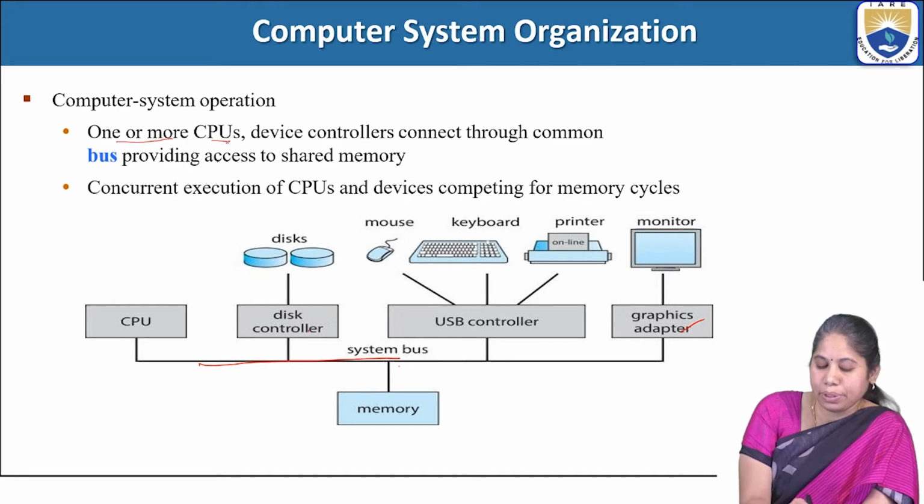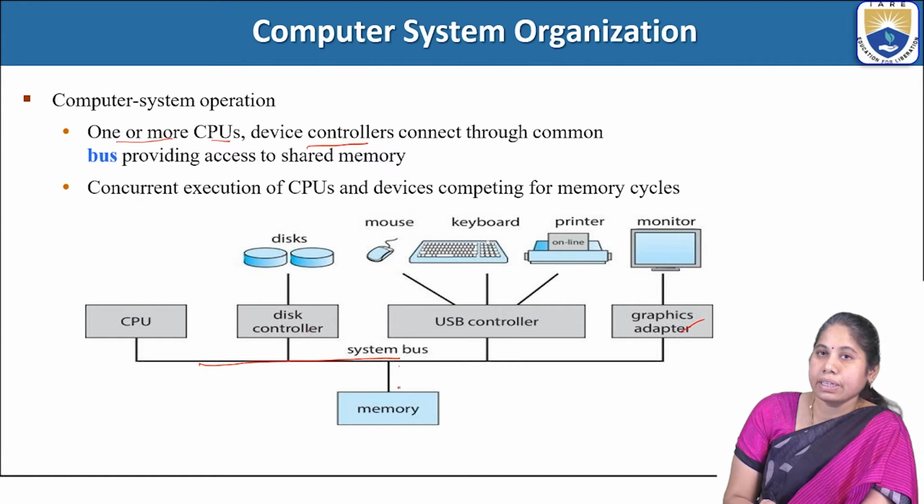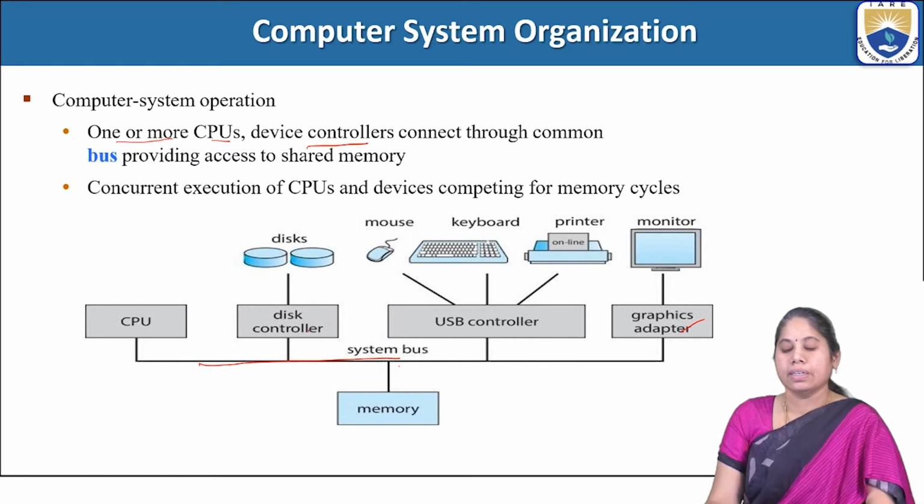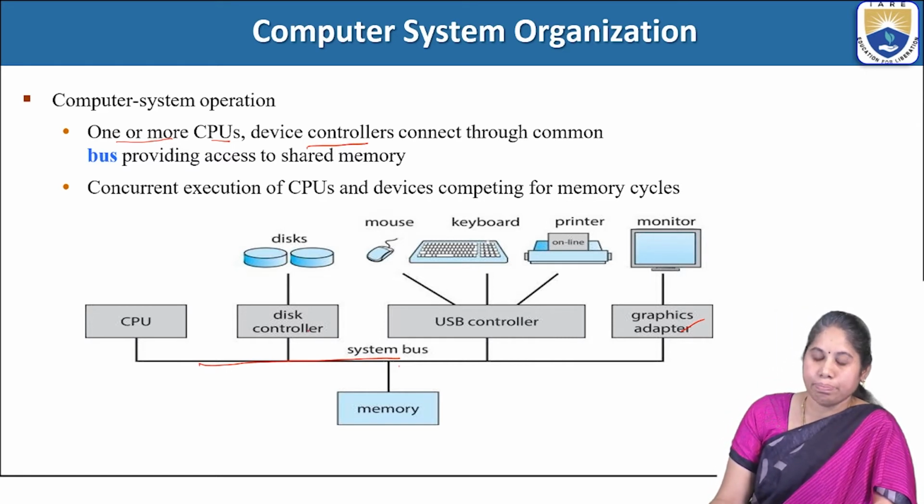One or more CPUs and device controllers connect through a common bus, providing access to shared memory. Another operation is concurrent execution of CPU and devices competing for memory cycles. The different CPUs have to execute in parallel. These are the different operations we are going to perform.